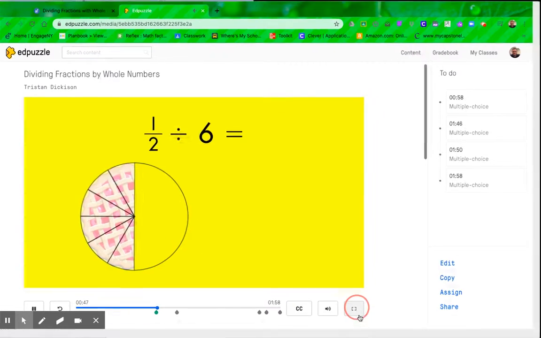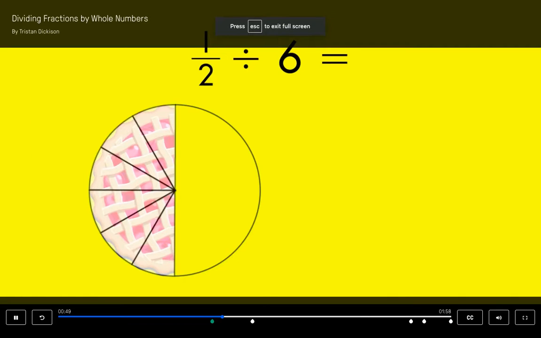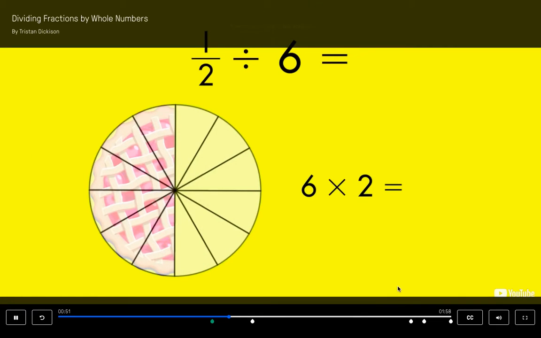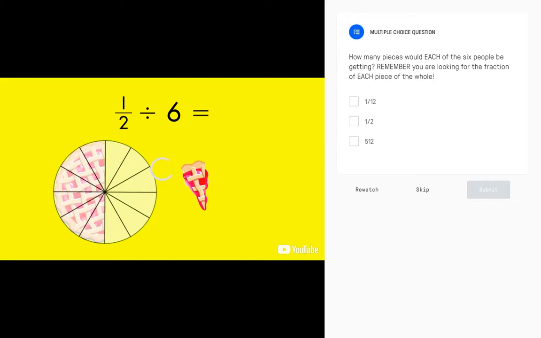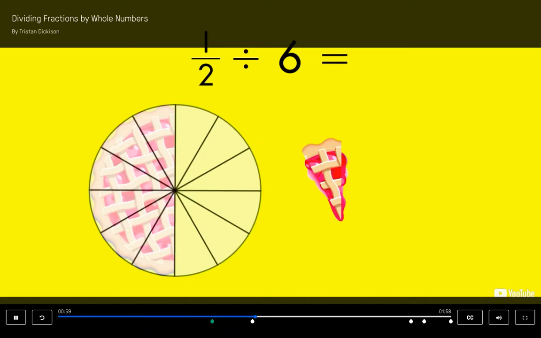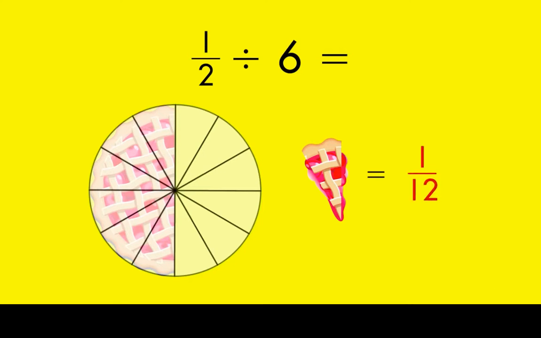You know 2 halves make a whole, so just double the number of slices to get 12. So, how much of the whole pie will each of the 6 people get? What do you think? Let's see. Each person will get 1 of the 12 original slices, or 1/12 of the whole cherry pie.